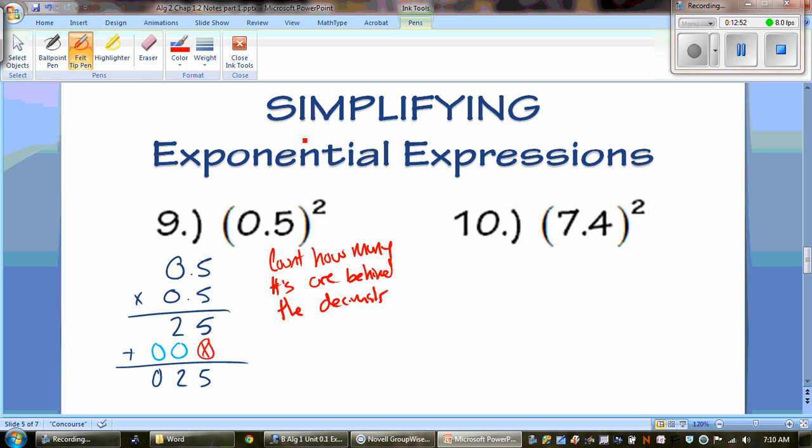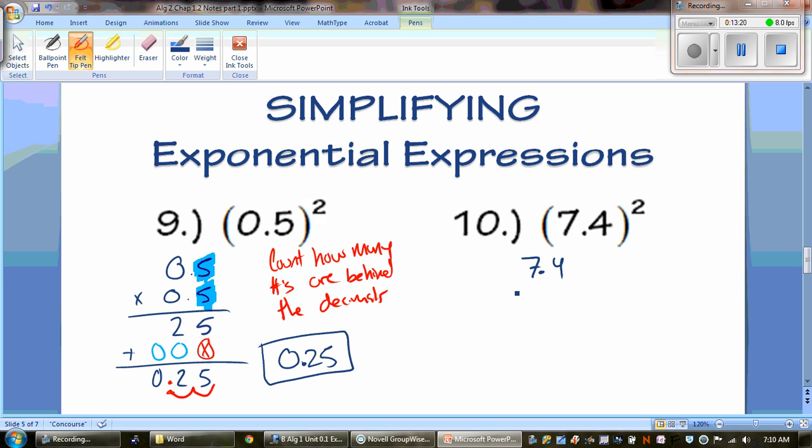Okay, and we have 1, 2. So if I have 2 numbers behind the decimal, I need to make sure that there are 2 numbers behind. Okay, so our answer would be 0.25.